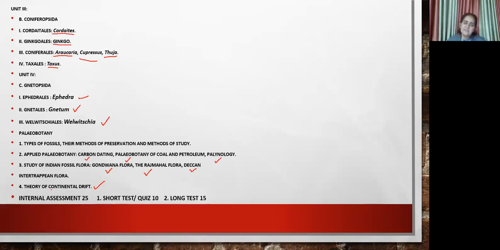So we will study the theory of continental drift, not continental drift, but theory which has been proven by the evidences from the fossil record of Gymnosperms.